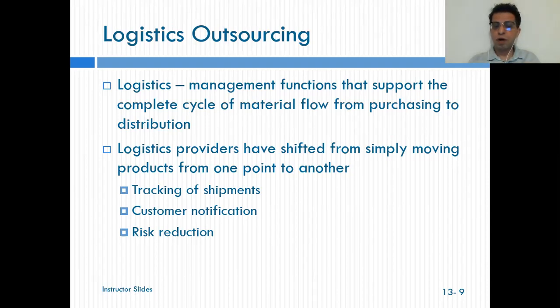Now, logistic providers have shifted from simply moving product from one point to another. You can track the shipment, see where it is now, and notify the customer. It also helps with legal matters like border entries or exits.